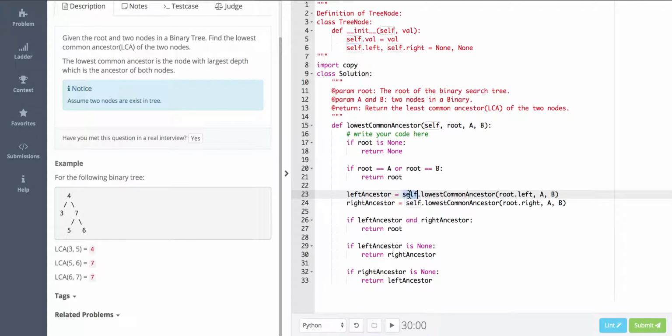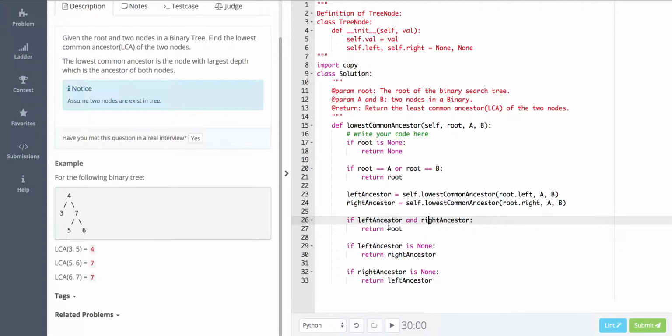So we just call ourselves. We pass our left subtree, and we try to find the lowest common ancestor for A and B in the left tree. And the same thing, we try to find their common ancestor in the right tree. So we get left ancestor and right ancestor. So this is all the divide part. So let's see how we conquer this.